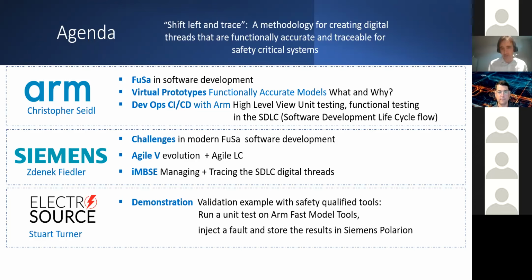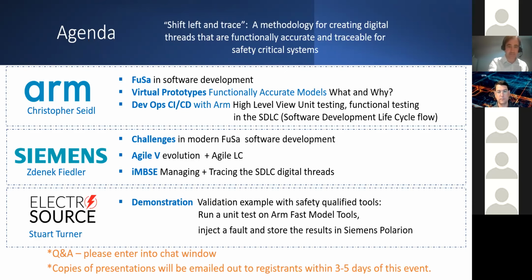And then integrated model-based system engineering, how you can manage and trace the software development lifecycle with digital threads. And finally, Electrosource's Stuart Turner will provide a demonstration validating the example of these tools by running a unit test on an ARM fast model, injecting a fault, and storing the results in SIEMENS Polarion.